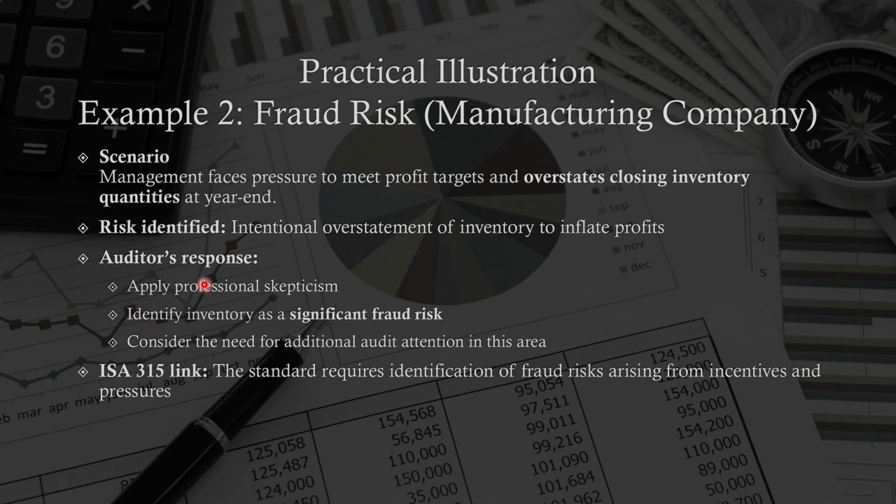ISA 315 requires auditors to apply professional skepticism, identify inventory as a significant fraud risk, and consider whether additional audit attention is required. This aligns with the standard's focus on identifying fraud risks arising from incentives and pressures.